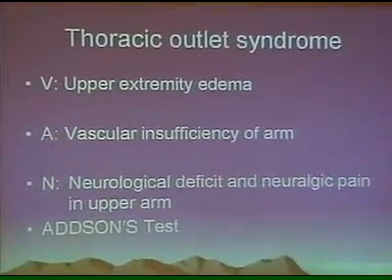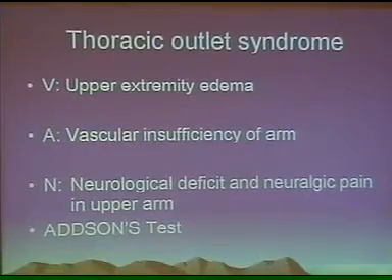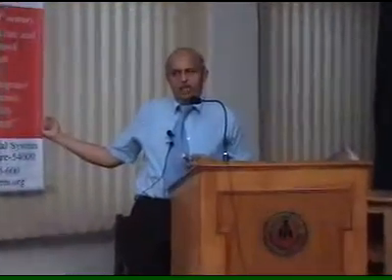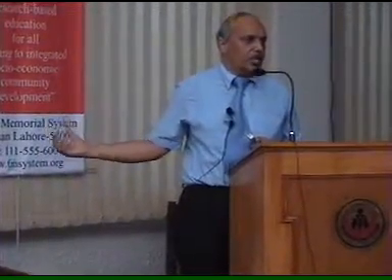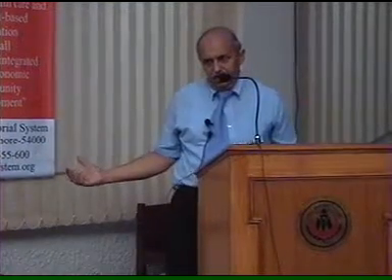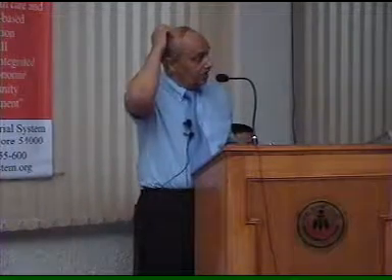To recognize this problem, sometimes you can even palpate the cervical rib in the supraclavicular fossa, but we can do a provocative test. We abduct the arm, externally rotate the elbow, and ask the patient to look to the other side, and feel the radial pulse. The radial pulse will become feeble, which shows there is some problem at the thoracic outlet area.